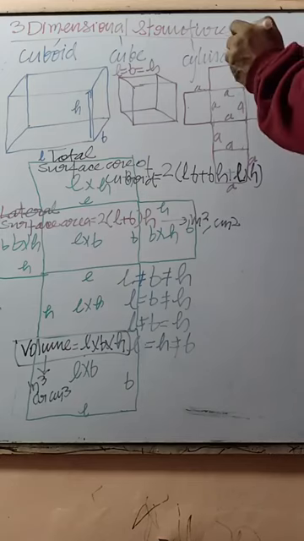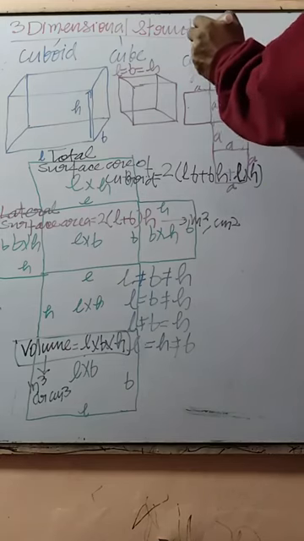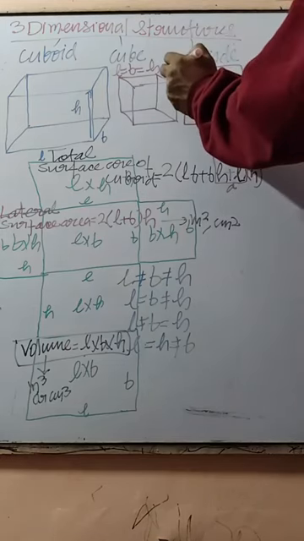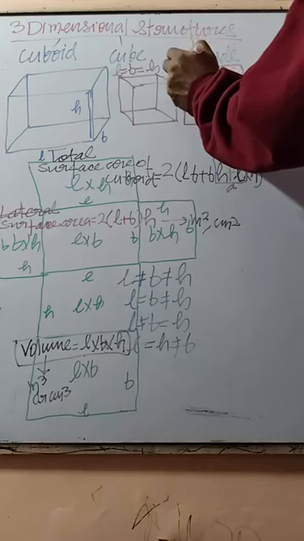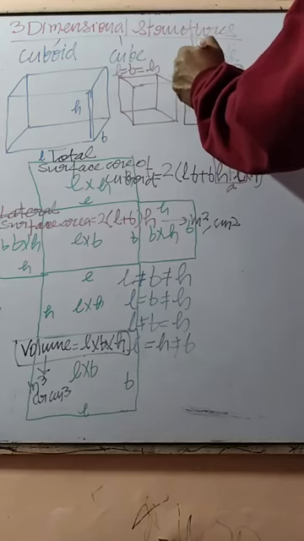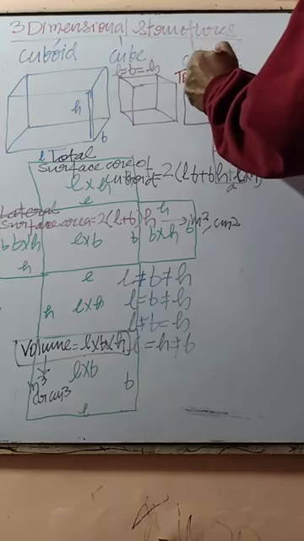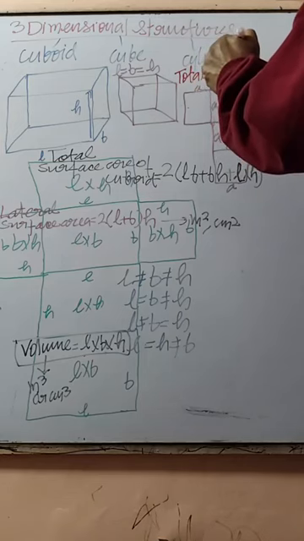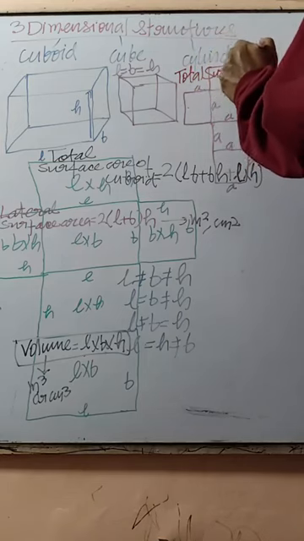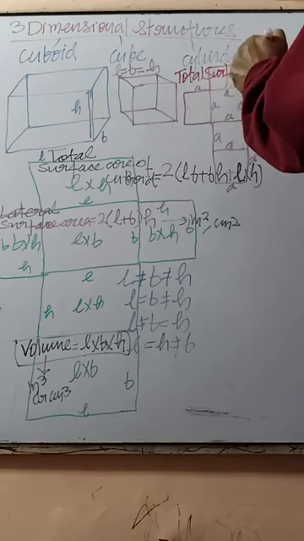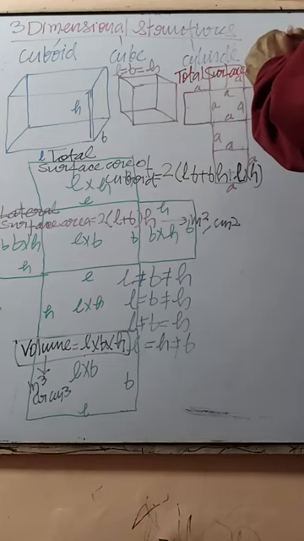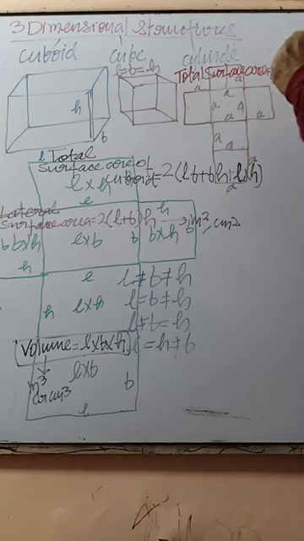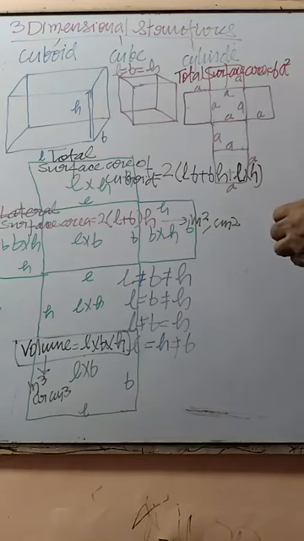Now total surface area is equal to 6a square, right?